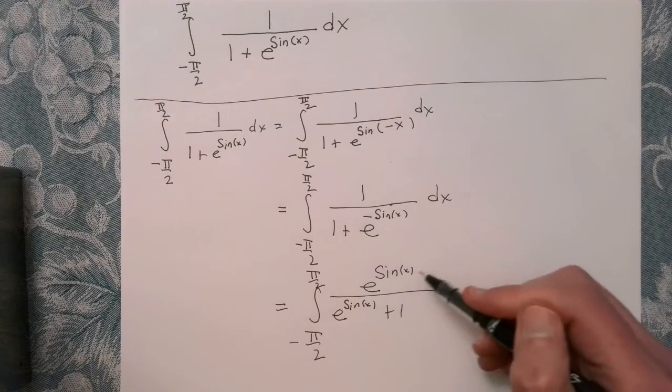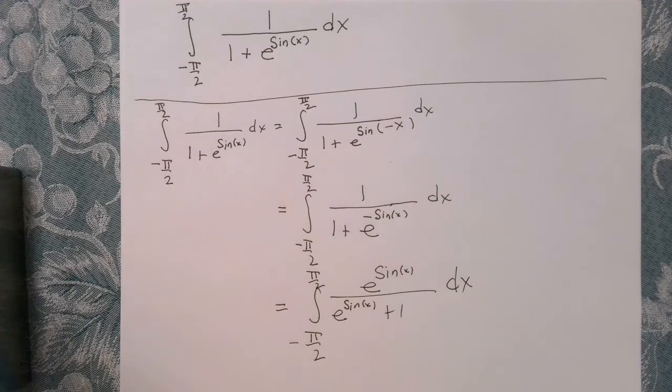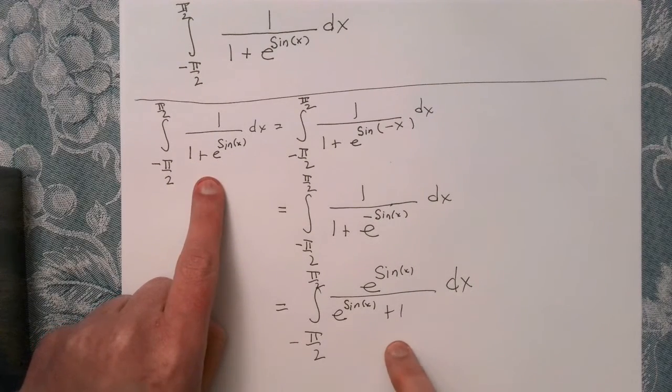So that was multiplying the top and the bottom by e to the sine of x. Well, this seems pretty promising. So what we want to do is take a look right here and take a look right here.